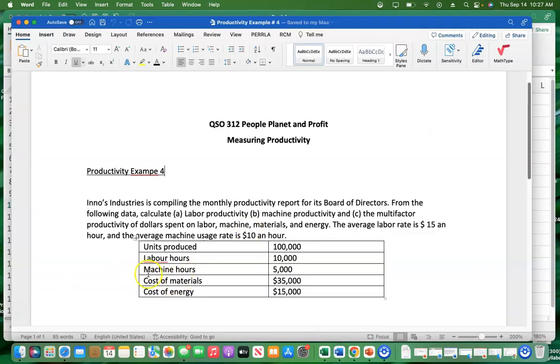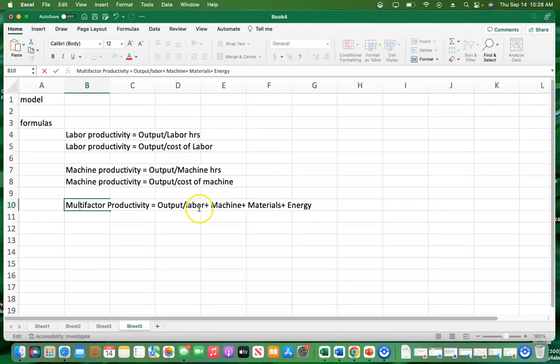We can see it here: labor, machine, materials, and energy. You can see that we are given labor hours, machine hours, and then cost of materials and cost of energy.